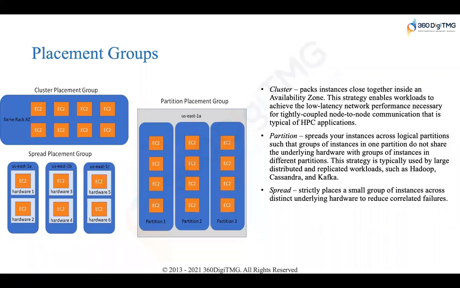So what I can do is I can place all of those EC2 instances in the same rack, same availability zone. When they are in the same hardware rack, obviously communication between these EC2 instances is fast comparatively. Then I can improve network performance, and also I am using T2.micro instance type only.